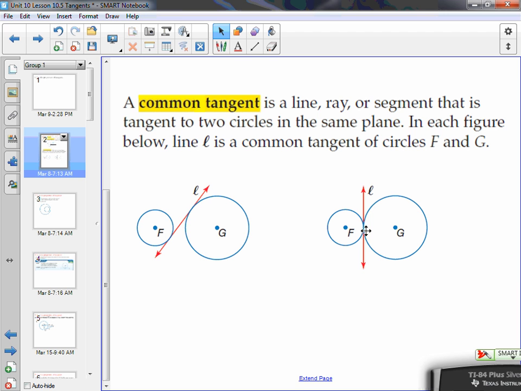Circle F and circle G are actually tangent to each other to start with, aren't they? There's one point in here somewhere that they share in common. And then line L goes through that point and no other points on either circle. So L would be the common tangent for those two as well. Questions?